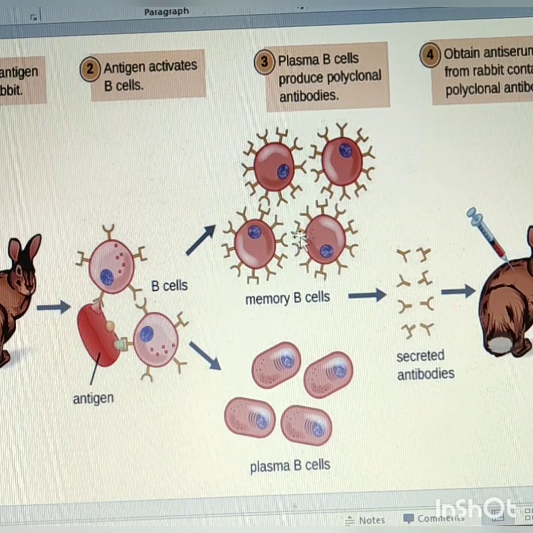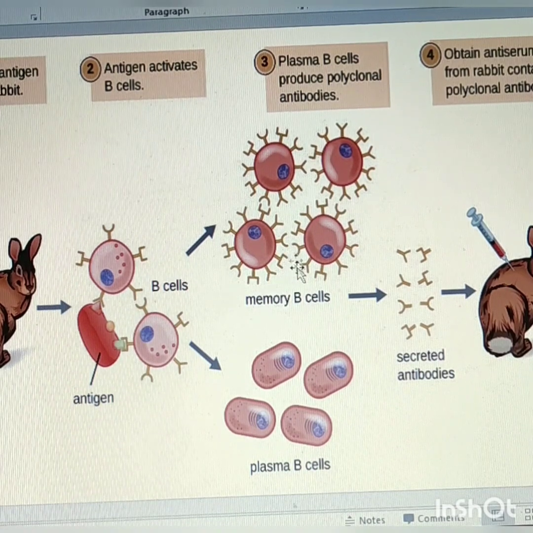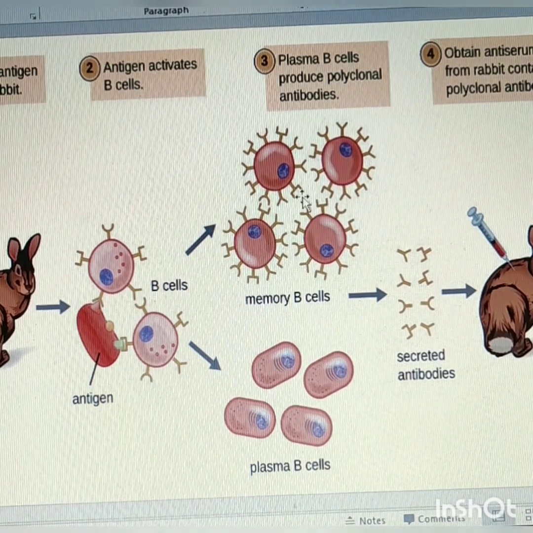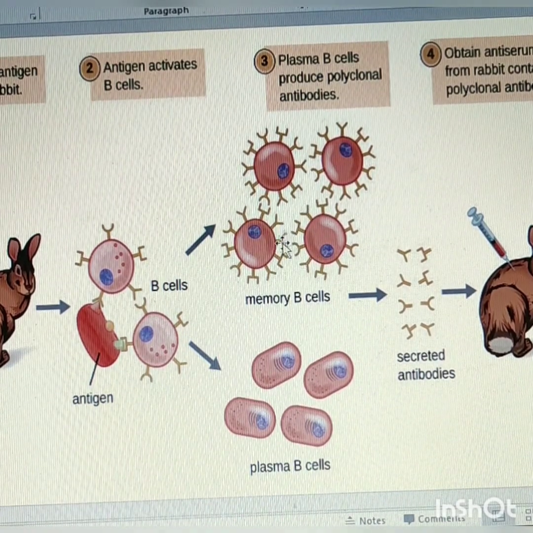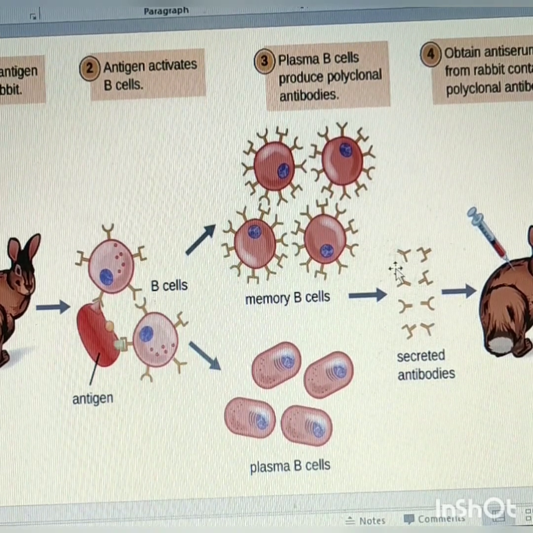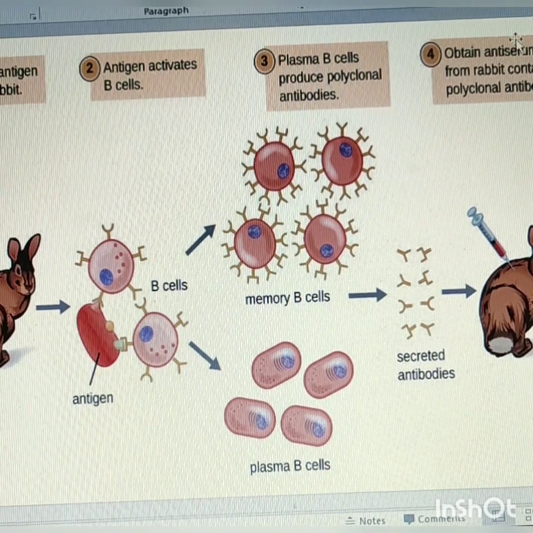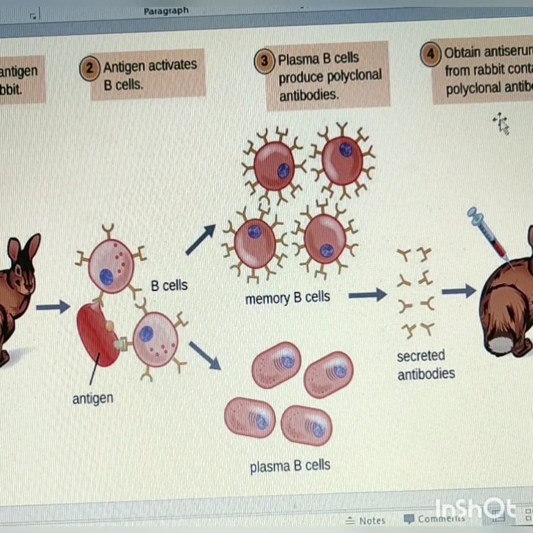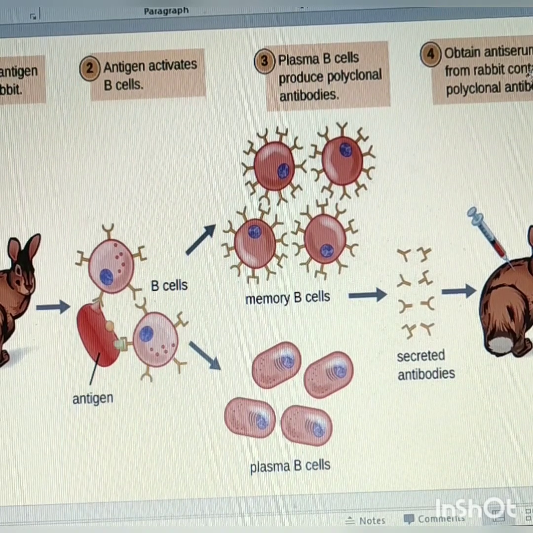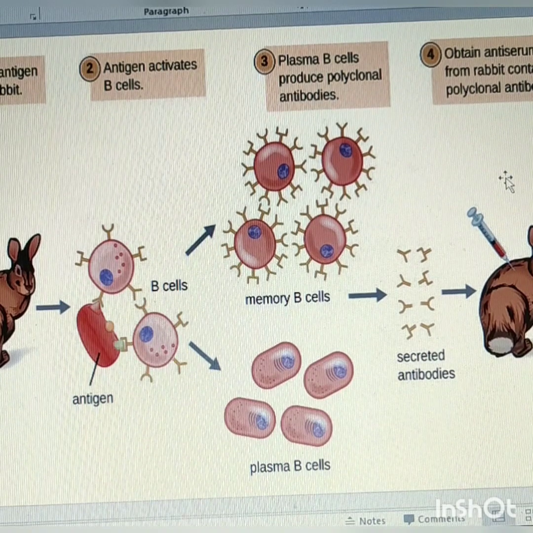These are the memory B cells and these are plasma B cells. I hope you know the difference between memory B cell and plasma B cell. So the secreted antibodies, that is polyclonal antibodies, are obtained from the rabbit.